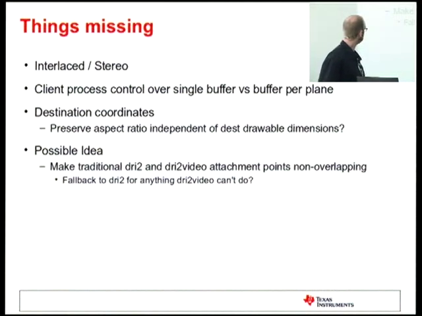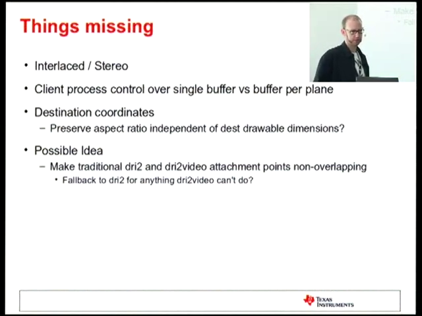The other thing, and this goes away with DRI3, is that in DRI2 the X server process is allocating the buffers, so the client has no say in the issue. If the client doesn't have a way of passing around multiple buffers, then maybe you want a way to say, hey, give me a single buffer.